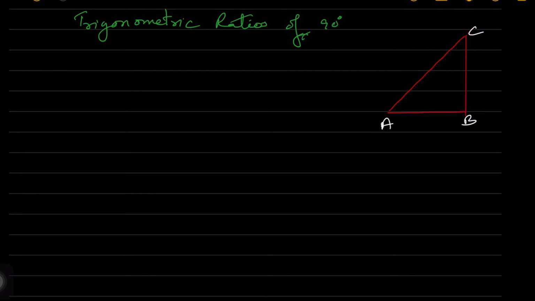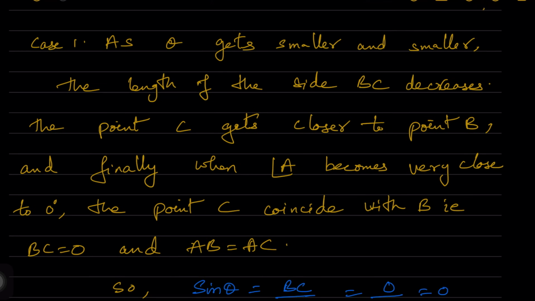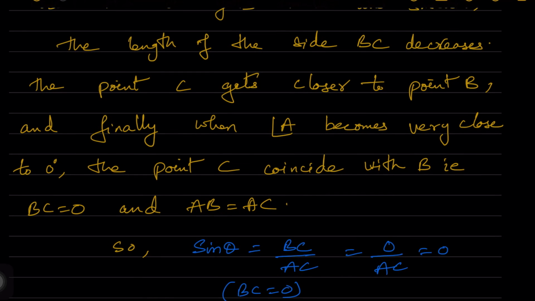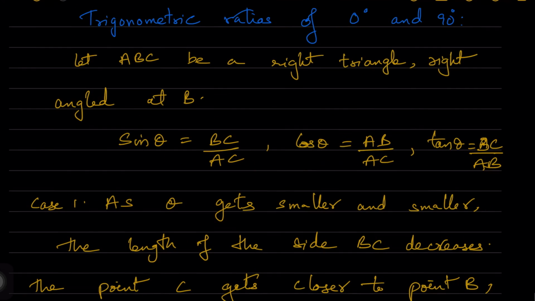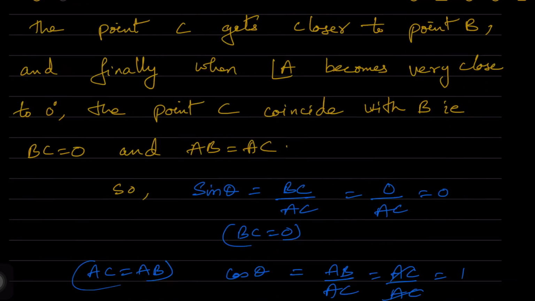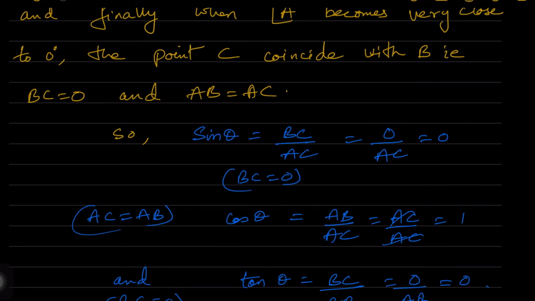Always draw a right angle triangle, right angle at B. AC is the hypotenuse. If angle A is taken as the angle, we have opposite of angle A equal to BC, and adjacent of A equal to AB.